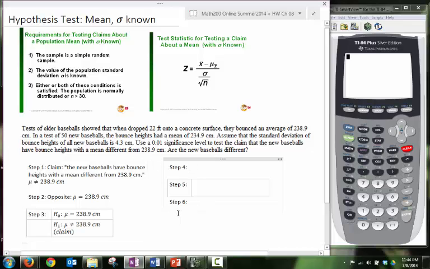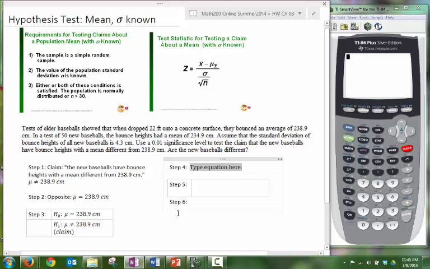so next step is we want to identify our alpha. And our significance level is given to us here at 0.01. The next step, we want to identify all the possible statistics that we'll need. Looks like we'll need x bar, mu, sigma, and n.